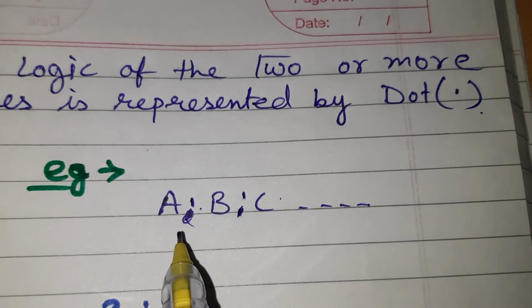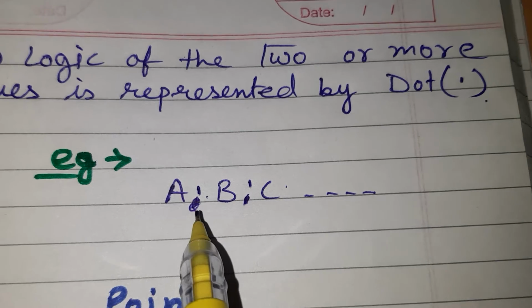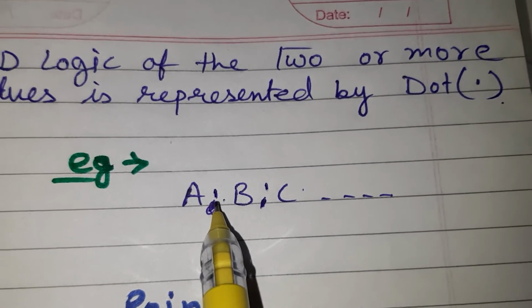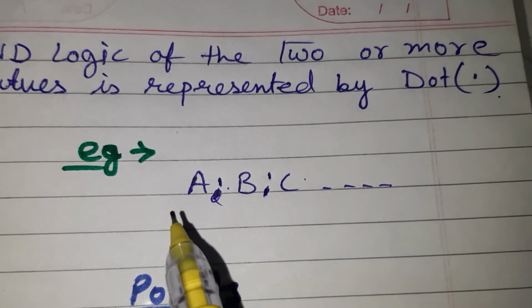When we simplify any AND logic, we follow the multiplication rule, but it indicates AND logic. These are some rules of Boolean algebra.